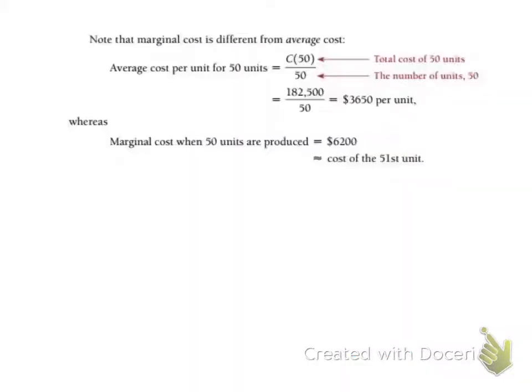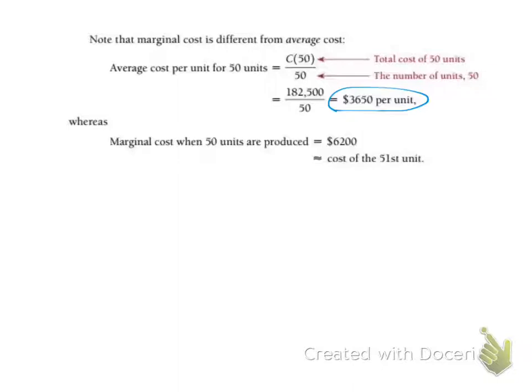Now just note that marginal cost is different from average cost, or profit, or revenue. The average cost for 50 units would just be the cost function of 50 divided by 50. When you do that for this example, you would get $3,650 per unit. So that's the average cost per unit when you produce or sell 50 units.